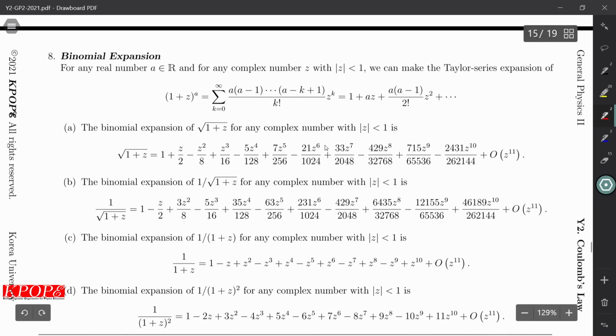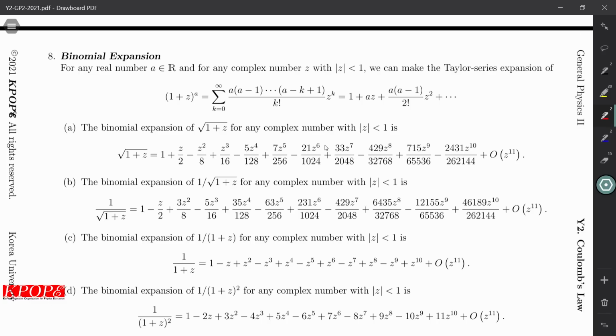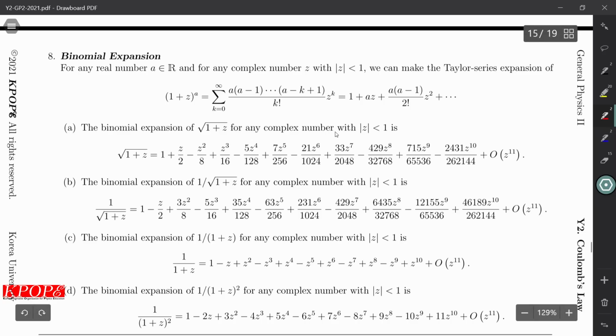And in physics, especially from the next chapter, we will frequently use binomial expansion, and binomial expansion is simply the direct application of Taylor series expansion for the power function whose power is not an integer. So let me summarize everything here.